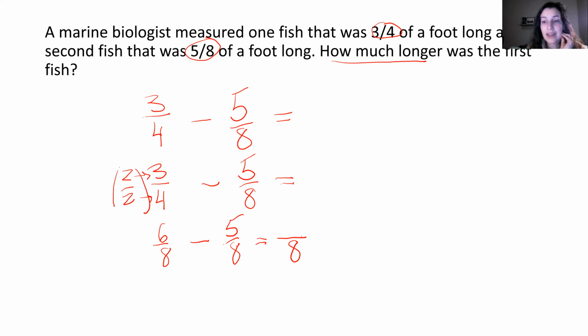So we have 8 in the denominator for the solution, and the numerator is just 6 minus 5. So 6 take away 5, we are left with 1/8. So the first fish was 1/8 of a foot longer, and that is our final answer.